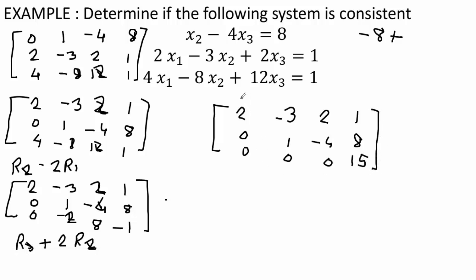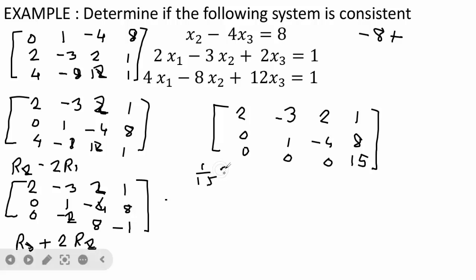Now I want to make leading element non-zero. What is a leading element? Leading element is nothing but the first non-zero element in that row. Here, as these three elements are 0 in this row, we have to make this element 1. It can be made 1 by dividing by 15, that is 1 by 15.